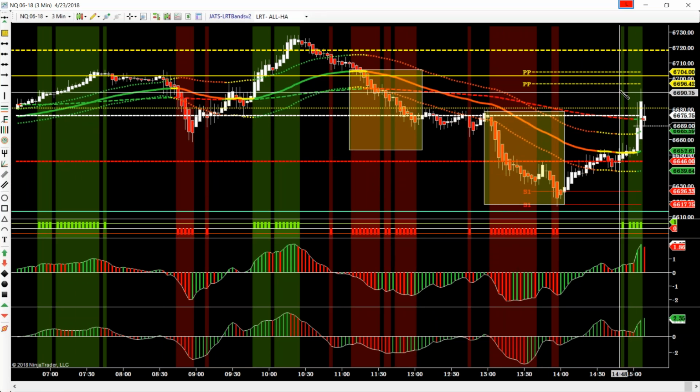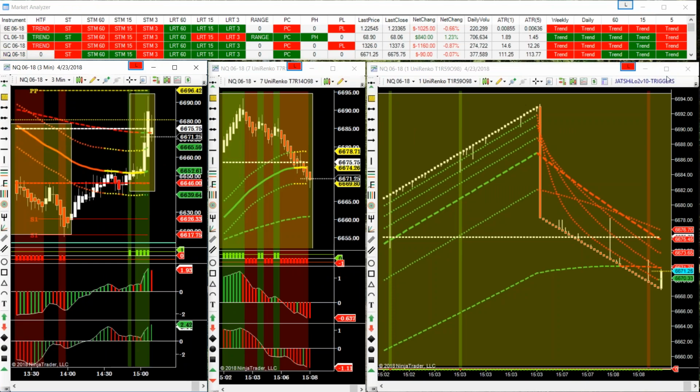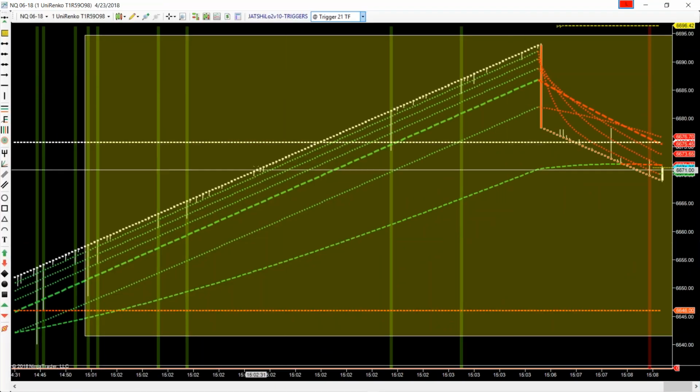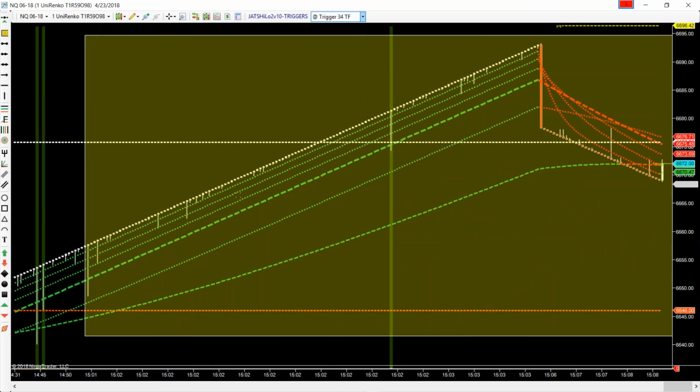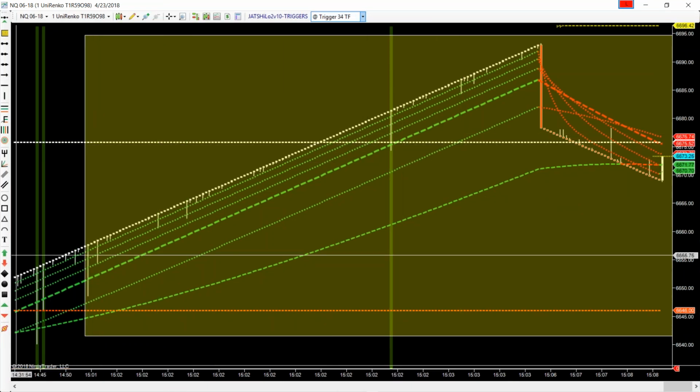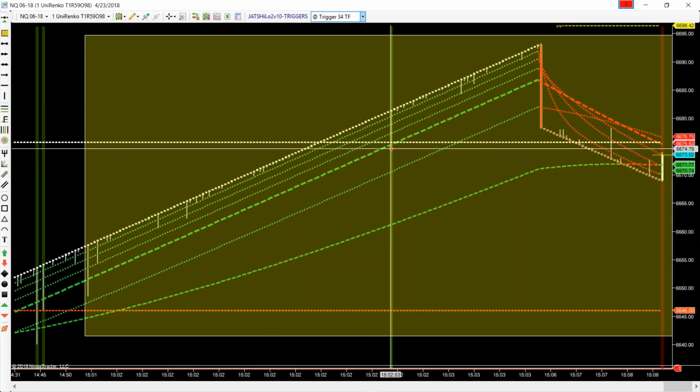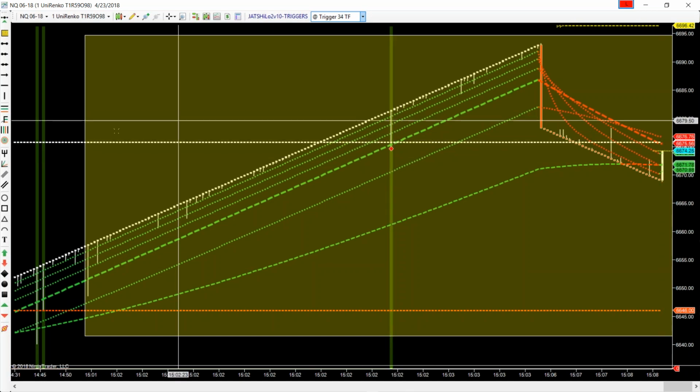So one contract, and then to add on, scale in and out, you can use the high-low 2 chart, and I have these various triggers that are set up that will enter for you in Blackbird.